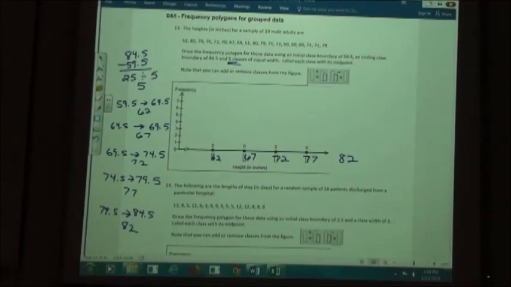And then we are going to sort them. And look at our list. And then do our counting.